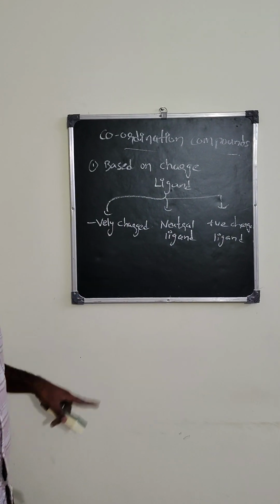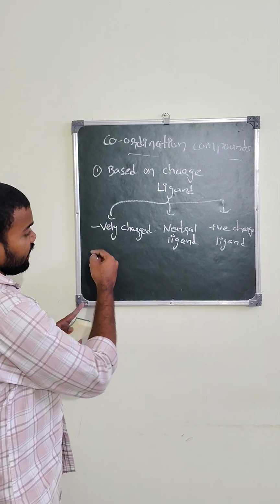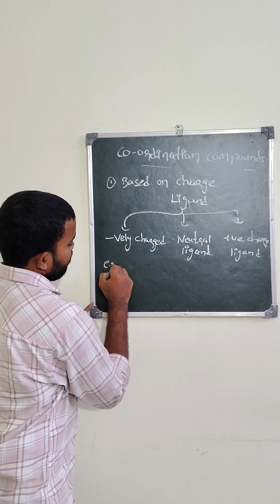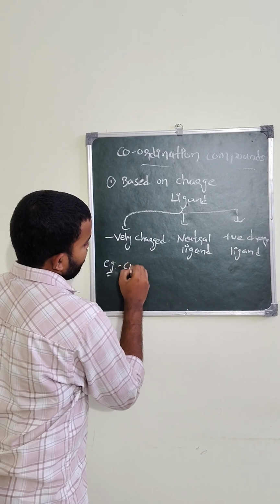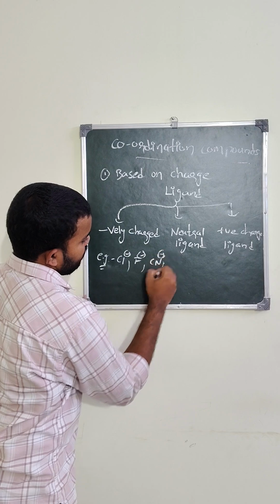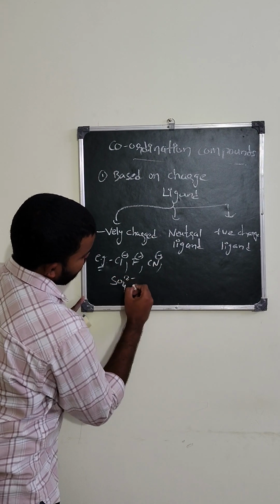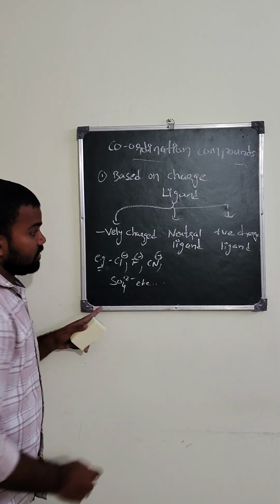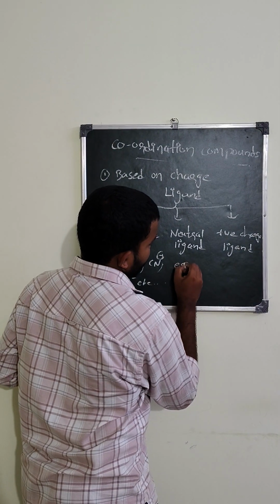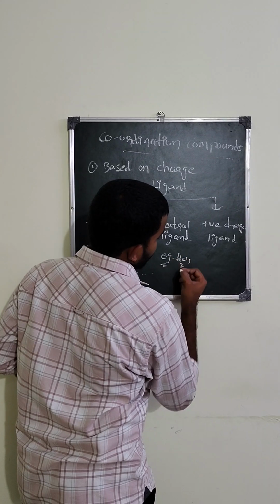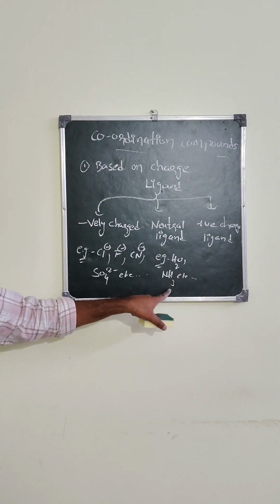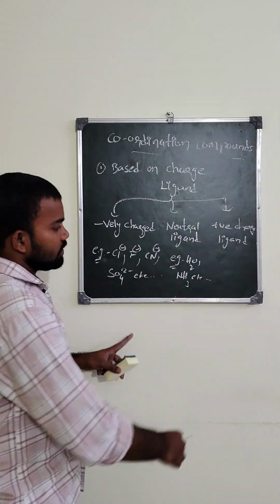What is a negatively charged ligand? If the ligand has a negative charge, that is called a negatively charged ligand. For example, Cl-, F-, CN-, SO4 2-, etc. What are neutral ligands? For example, H2O, NH3, etc. What is a positively charged ligand?